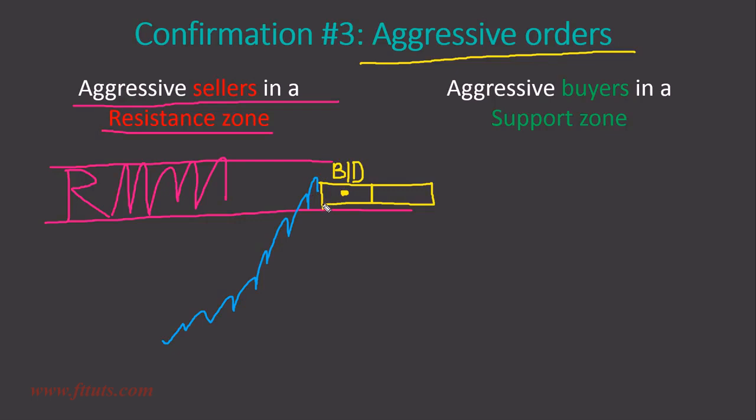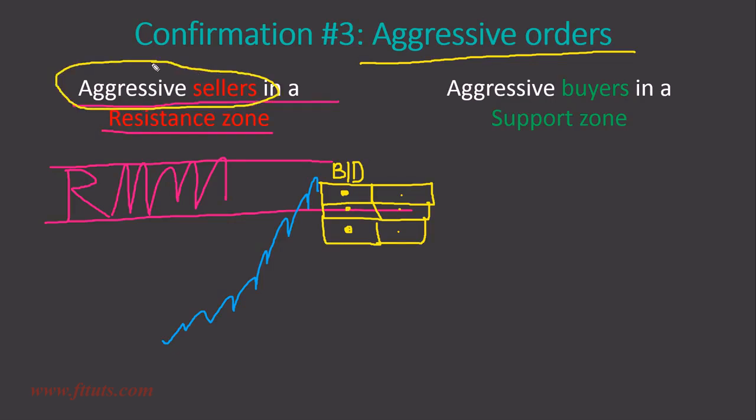If there is to be a footprint like this, then those numbers on bid should be bigger than numbers on ask. You will see those sellers jumping in, those numbers growing bigger and bigger, and that's a sign of aggressive sellers. And this means that those aggressive sellers are rejecting higher prices, and most likely they'll push the price downwards.